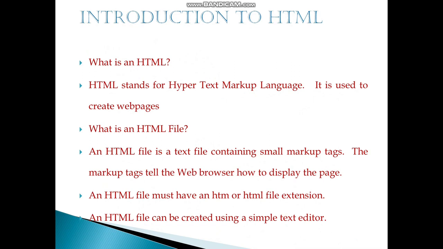An HTML file can be created using a simple text editor like Notepad, WordPad, etc. So it is easy to use a simple text editor so that you can type in simple letters and then easily you can understand it and save it as an internet file.